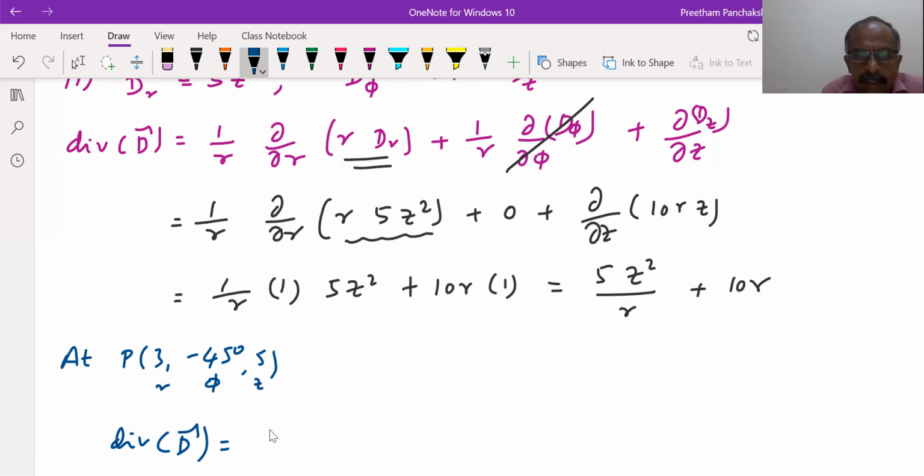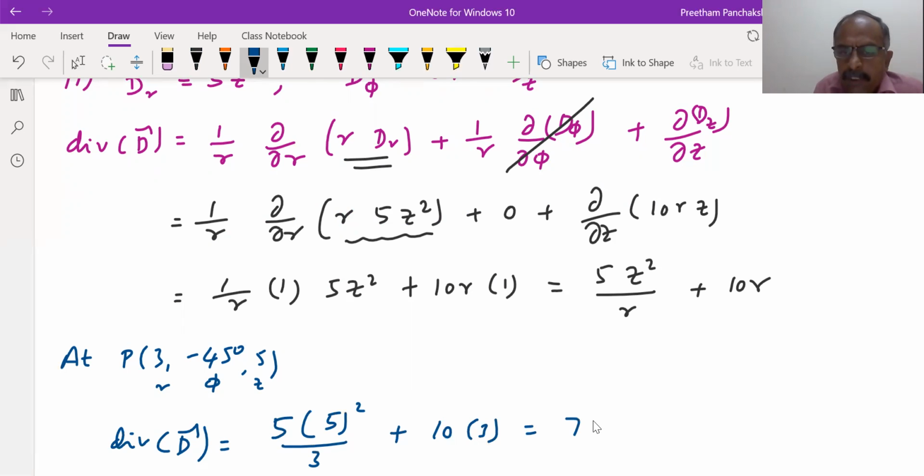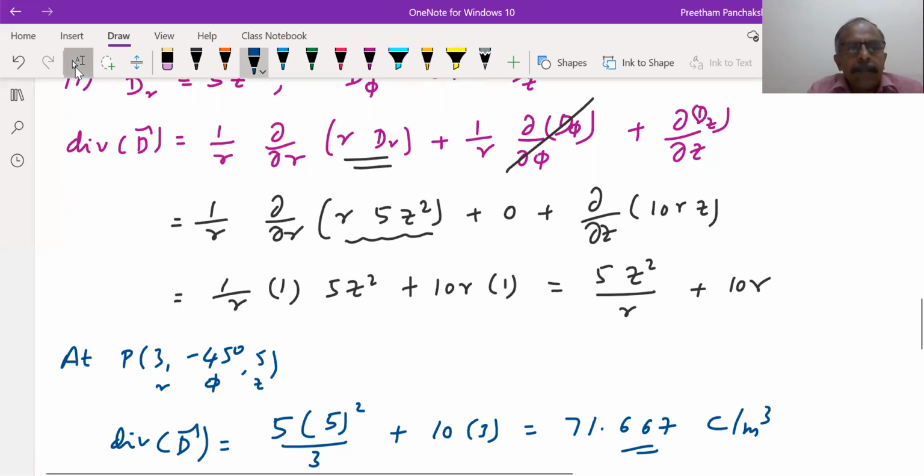So div D becomes 5 z square, nothing but 5 square divided by r. r is nothing but 3, plus 10 into 3 will be 71.667 coulomb per meter cube. This is the divergence at the given point in the cylindrical coordinate system.